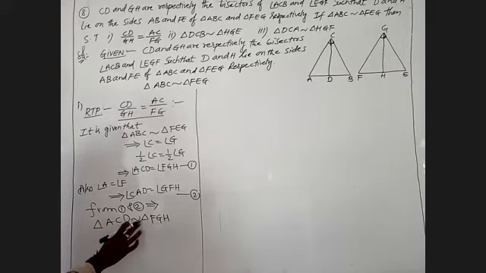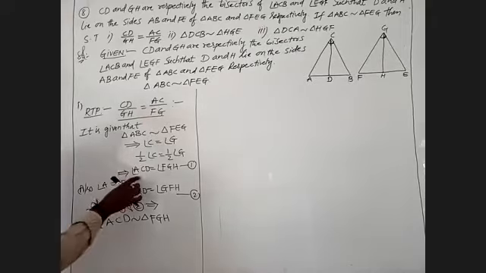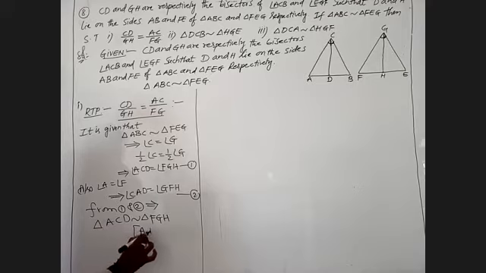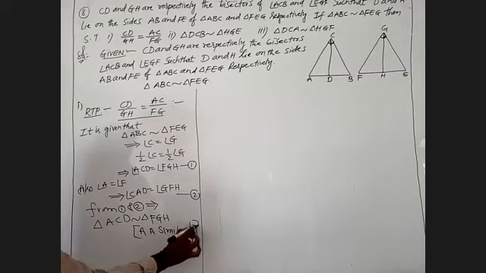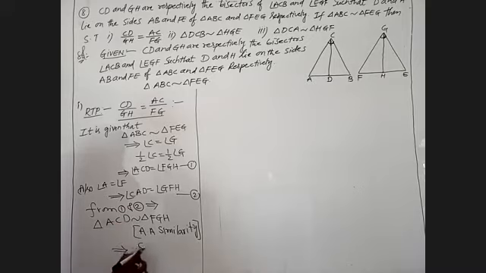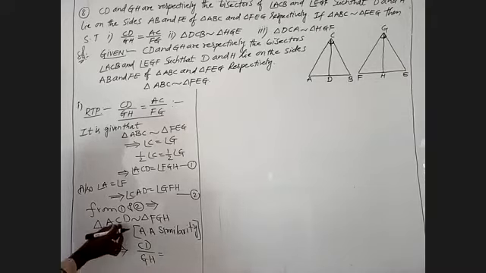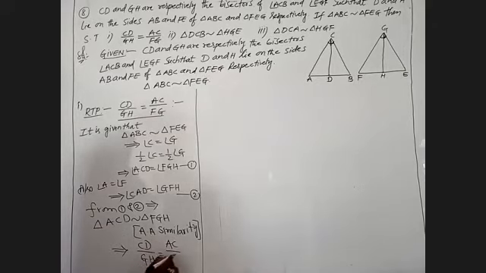Triangle ACD is similar to triangle FGH means angle A equals angle F, angle C equals angle G. Two angles are equal, so by using AA similarity, their corresponding sides: CD by GH is nothing but AC by FG. This is the proof of the first one.